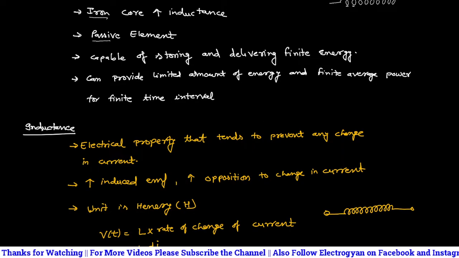This inductor is capable of storing and delivering finite energy. It can store a limited amount of energy, and that stored energy means this inductor can also provide that limited amount of energy and finite average power for a finite time interval, because it has the limitation that it can store only a limited amount of energy.